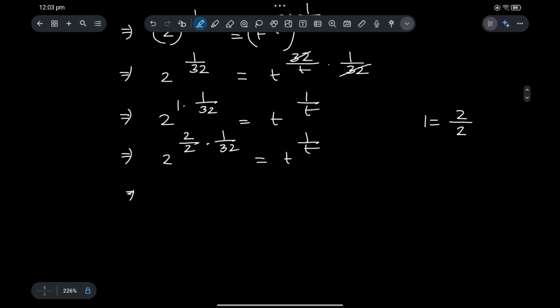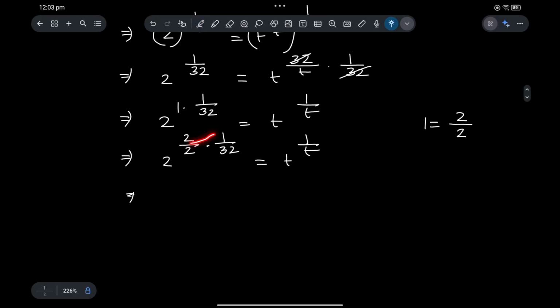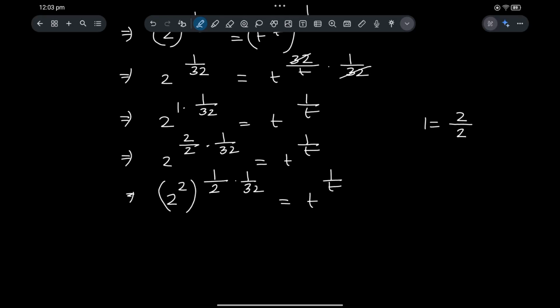So basically here we are going to take 2 and 1 by 2 into 32. Now 2 to the power 2, we write 2 to the power 2 whole to the power 1 by 2 into 1 by 32 equals t to the power 1 by t.